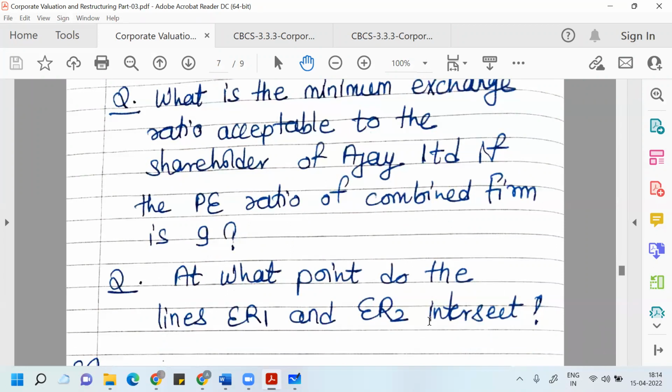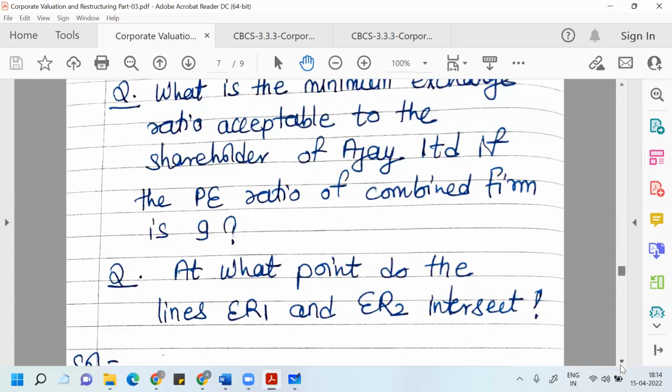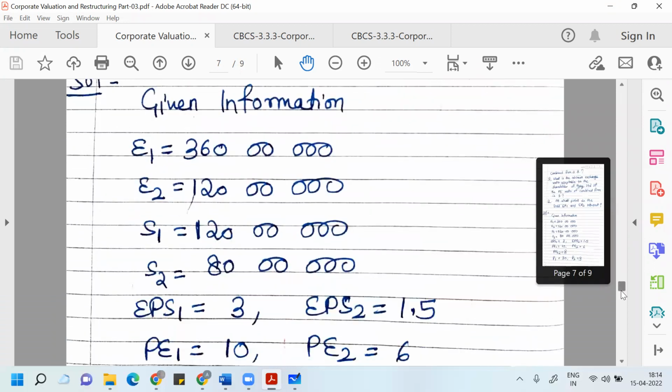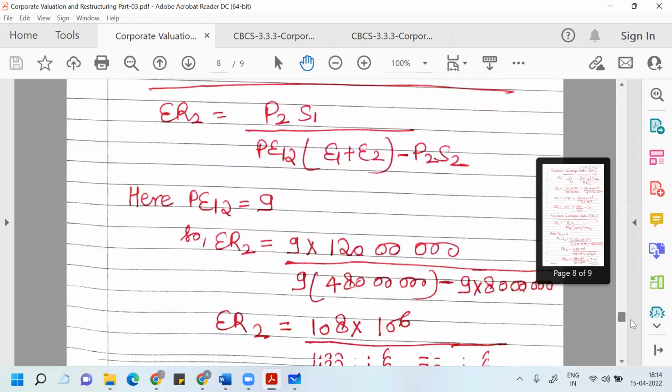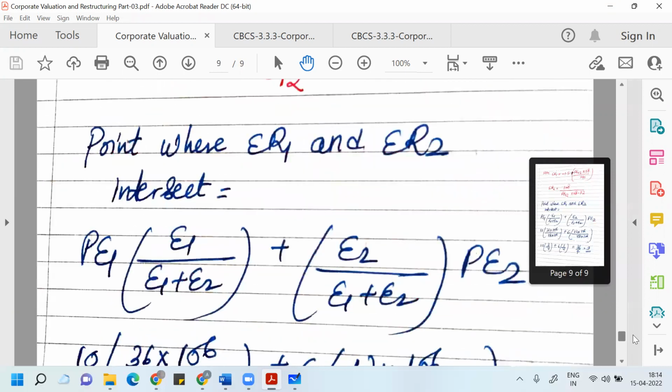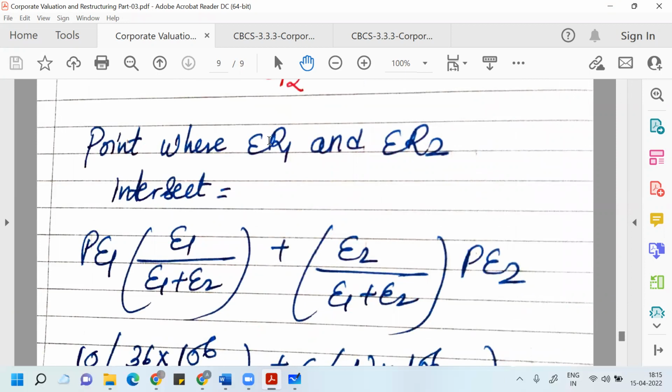ER1 is the maximum exchange ratio, ER2 is the minimum exchange ratio, at what point will they intersect? So in case they're asking you that, once you have found the maximum exchange ratio and minimum exchange ratio, what would be the point where ER1 and ER2 intersect?